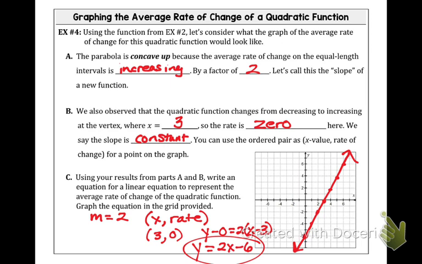At this point at 3, what happened between my slopes from the left to the right of 3? To the left of 3, my slopes were negative. To the right of 3, my slopes were positive. So does that make sense that my linear line is positive above 3, negative below 3? We're working left to right.